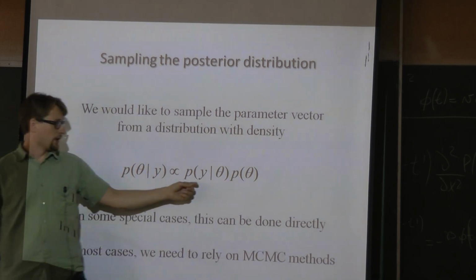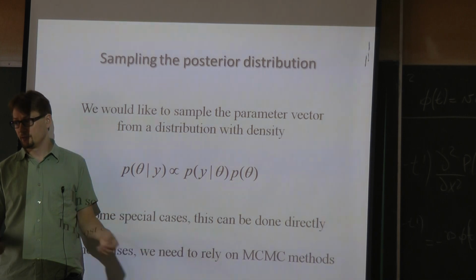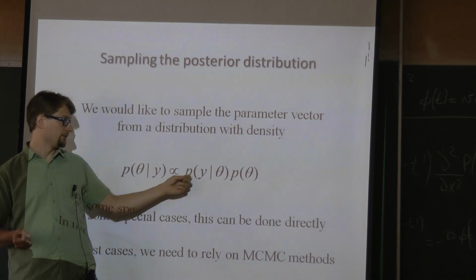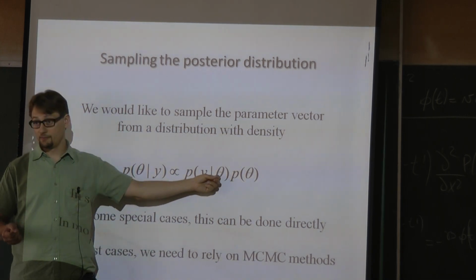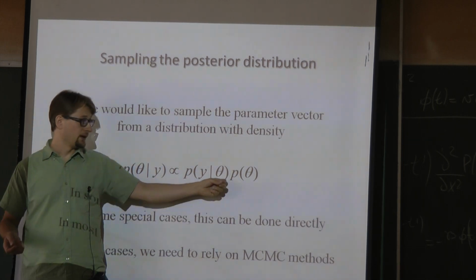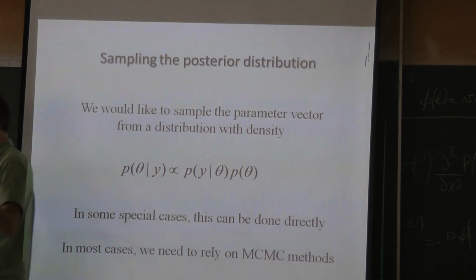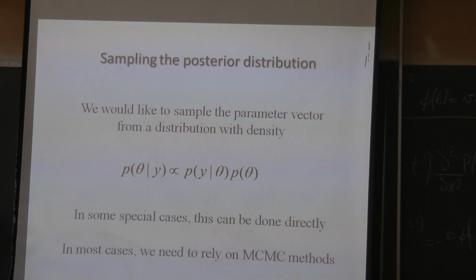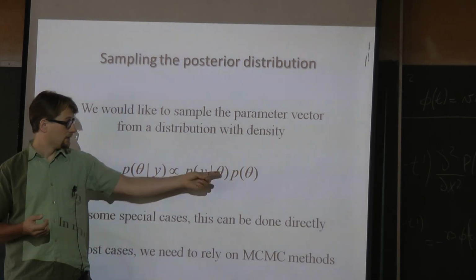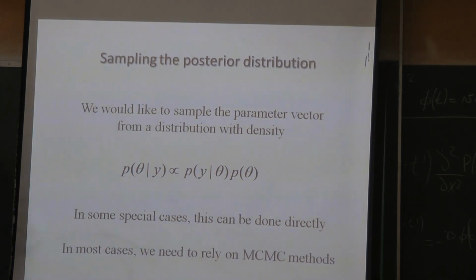And these two components you can write down in many models. You can explicitly write down what is the likelihood of observing the data y given the parameter vector theta, as I will show soon in an example. And then you assume some prior, and you can write down again explicitly as a mathematical expression what is the probability of a given parameter vector theta.